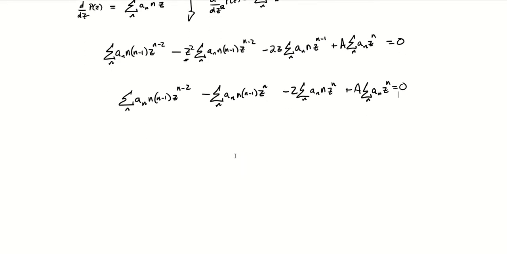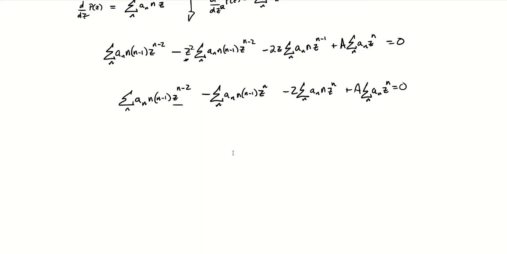One of the things that is going to be useful is if we can get all of these sums to line up. We're interested in this being 0, so the coefficients for all the exponents of the same power have to also be 0.